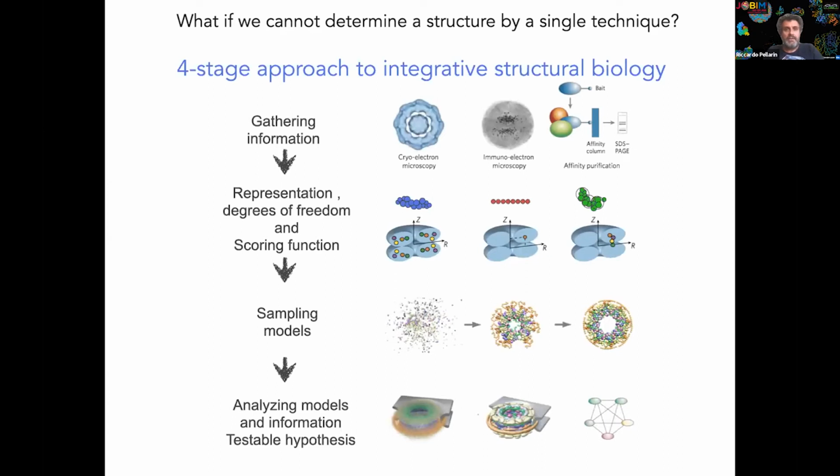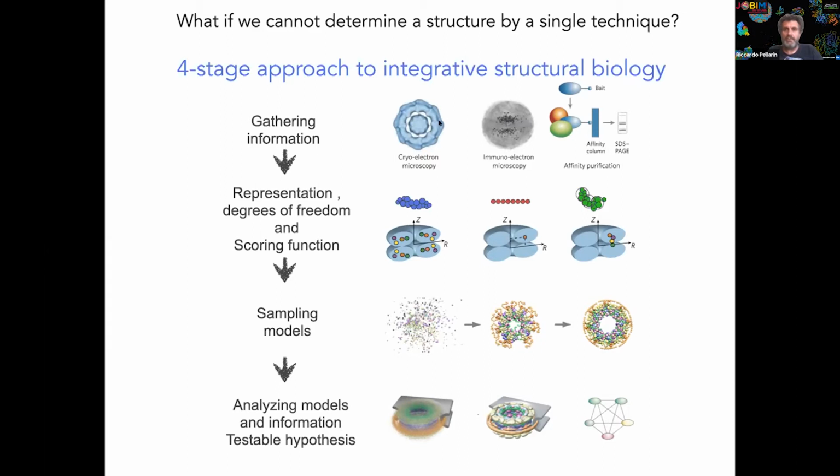The first stage is the gathering of all information about your system. It can be low resolution or high resolution, whatever you can get about your system. It can be interpreted into a structural restraint, like low resolution electron microscopy, localization of proteins by immunoelectron microscopy, or affinity purification pull-down of protein-protein interactions.